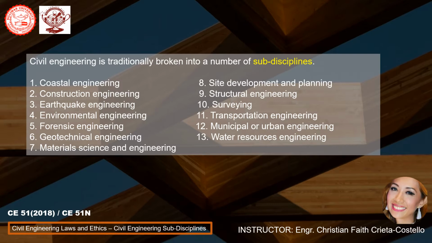Then we have construction engineering, earthquake engineering, environmental engineering, forensic engineering, geotechnical engineering, material science and engineering, site development and planning, structural engineering, surveying, or what is termed as geodetic engineering, transportation engineering, municipal or urban engineering, then water resources engineering.